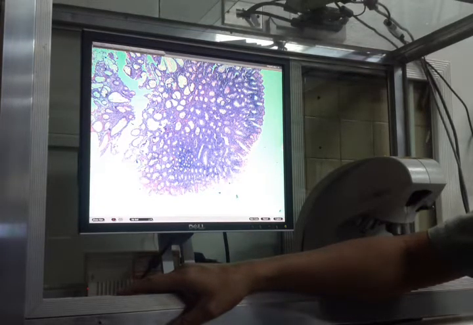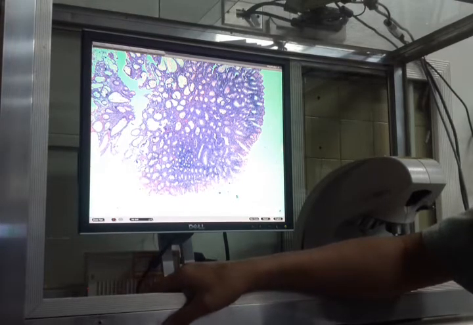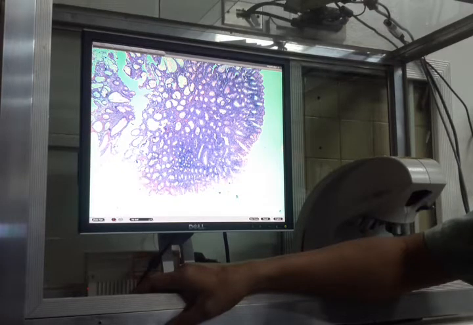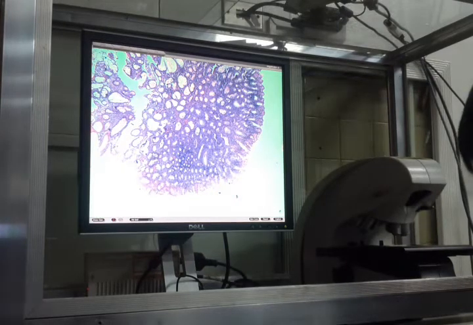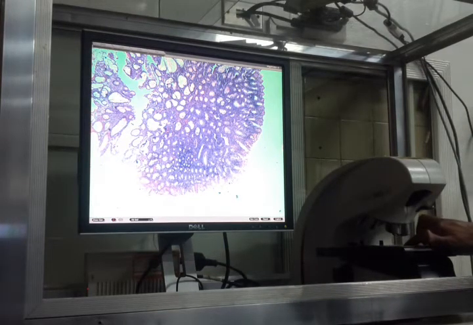This is the only slide of adenoma you have taken up for this particular module for the first shifting. But also be aware that you have two other models of an adenoma in the colon. You have a villous adenoma and a tubulovillous adenoma.